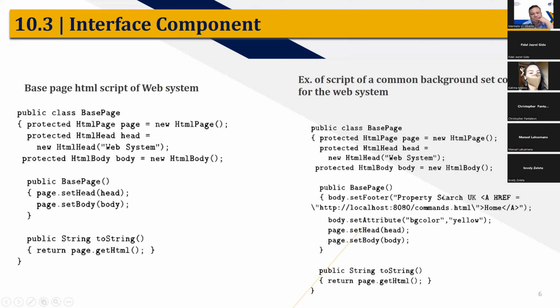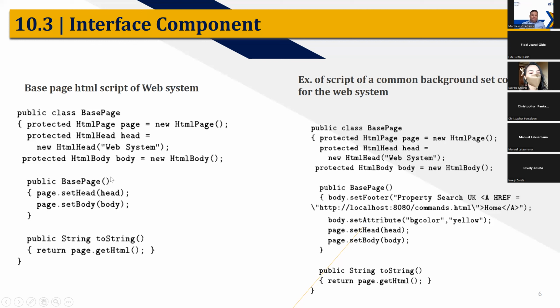So the commands HTML refers to this, but of course, it adds a body, set attributes, where the color is yellow. So once this script executes, instead of coming from here, it will have a yellow body, a whole color. So that is the most basic example.